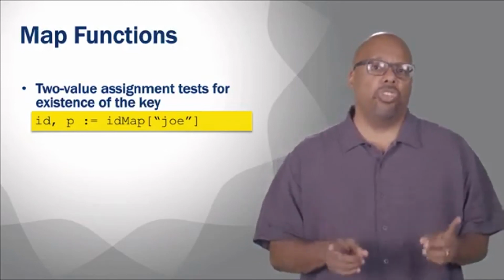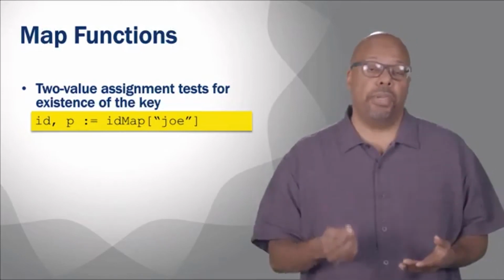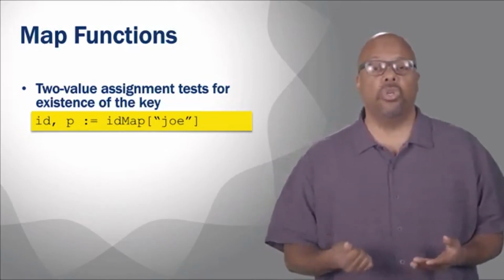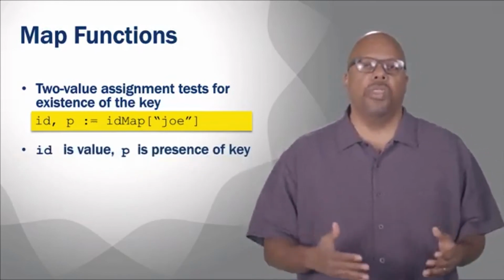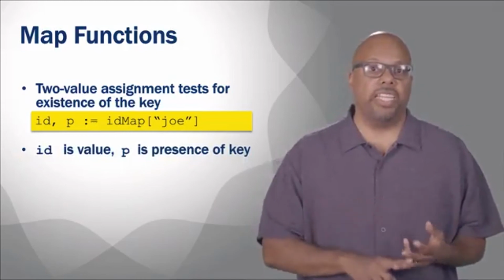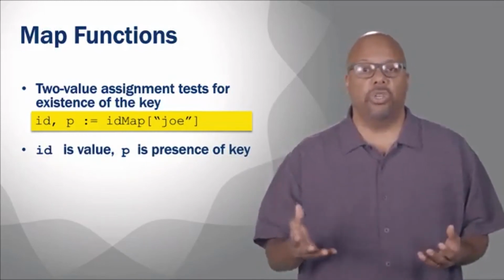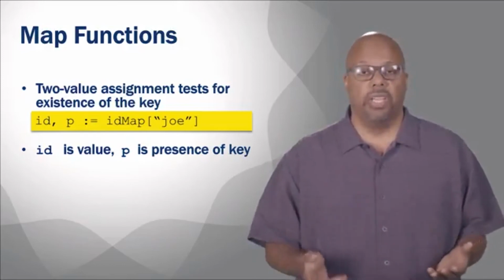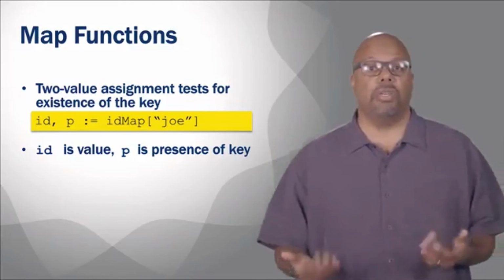In this case, I'm doing a two-value assignment. So the second value, p, is going to be a Boolean. It's going to be true if the key is present in the map. So there are cases where you're interested in knowing whether that key is in the map. Maybe you don't even care what the value is associated with Joe. You just want to know if Joe is in your map. So p will be true if that key, Joe in this case, is in the map, and it'll be false otherwise.